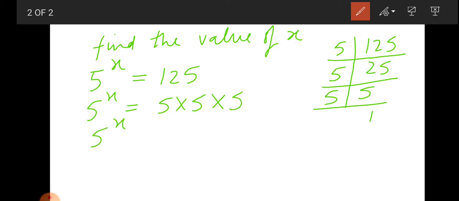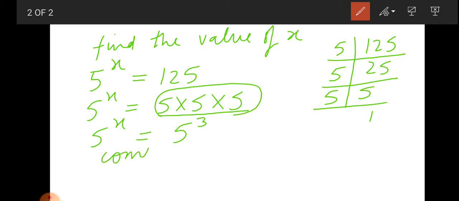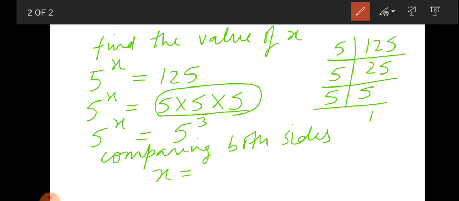So 5 raised to the power x is equal to 5 raised to the power 3, since 5 appears 3 times. Now compare both sides. As the bases are the same, base is 5, and LHS is equal to RHS, so we conclude that the value of x is 3.